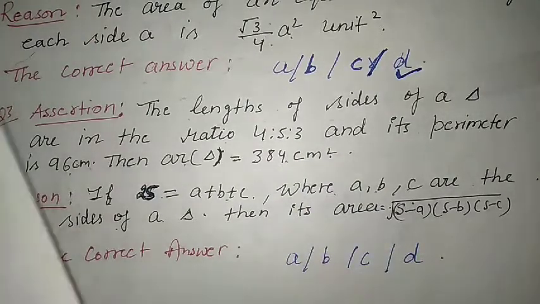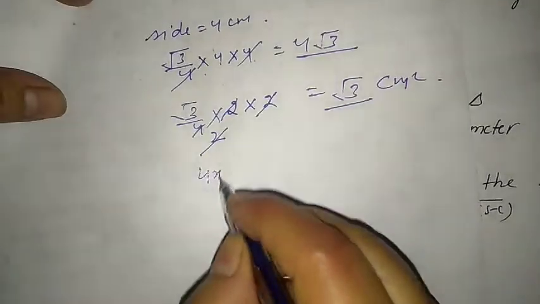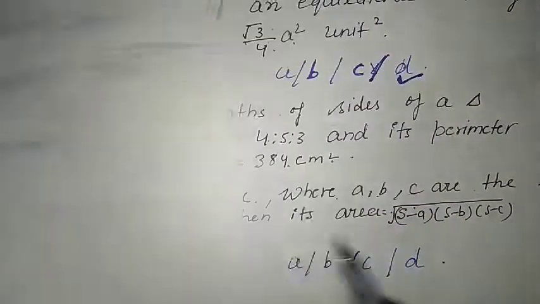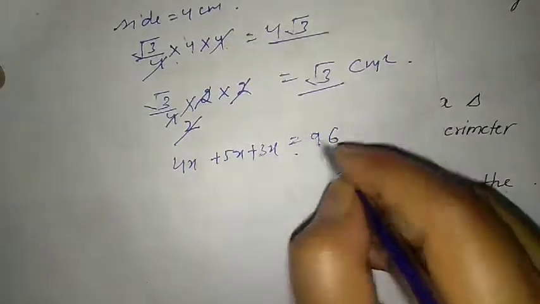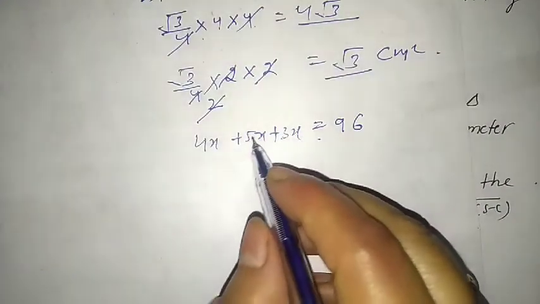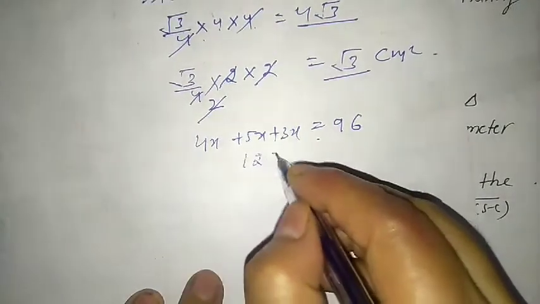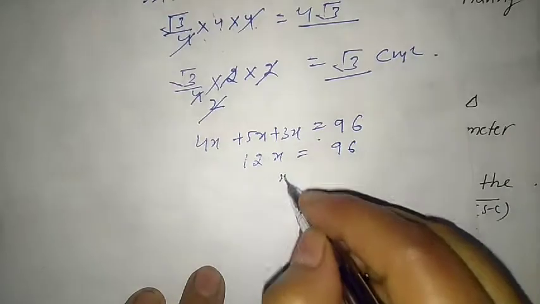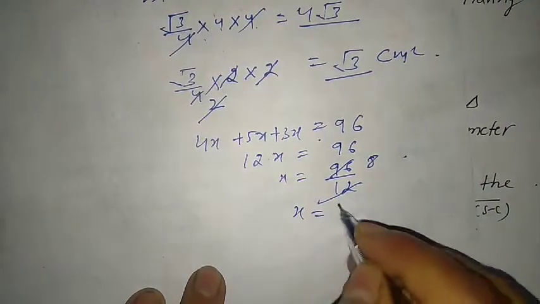We have 4x plus 5x plus 3x equal to 96. So 4 plus 5 plus 3 is 12, 12x equals 96, so x is 8.